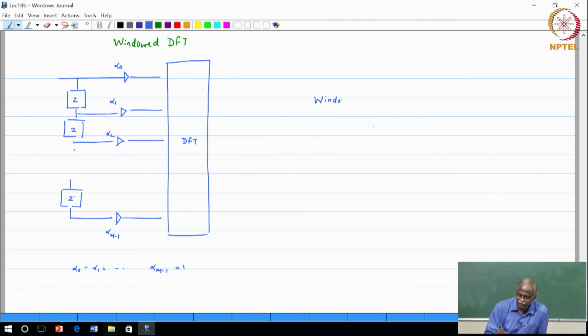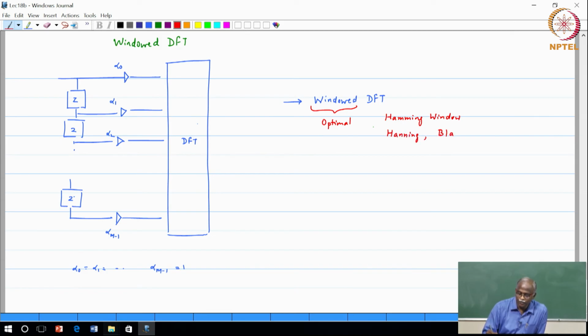Windowed DFT, and there is actually a complete area of research in the 80s which looked at optimal windows, and it turns out that the most commonly used windows are the Hamming window, and occasionally you may use a Hanning window or a Blackman window.